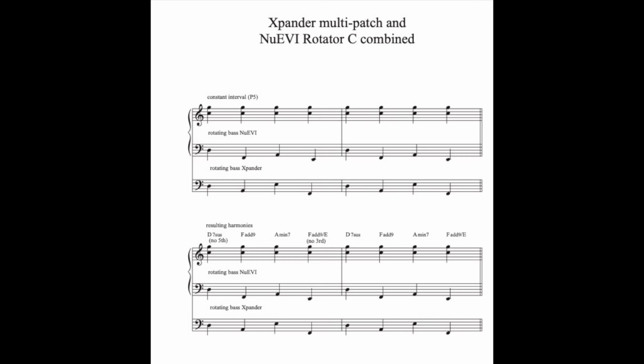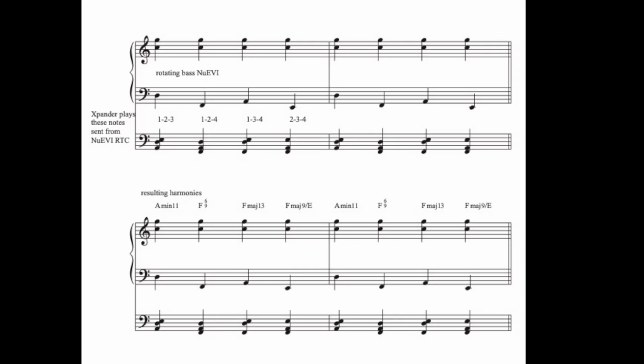So if we activate the rotating function on the NuEVI and play the expander with it, as well as another synth, the expander plays these notes as it receives information from the rotating function of the NuEVI. It plays these combinations of bass notes in this order.